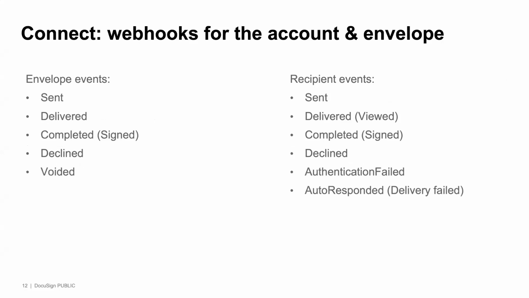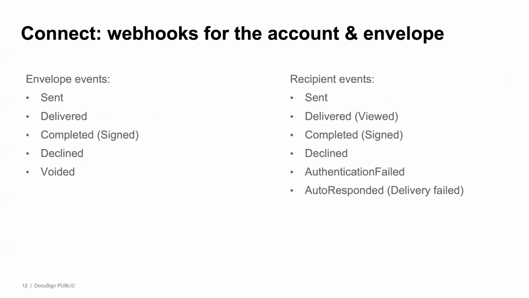And then in both cases, what can you ask about? Well, you can ask about events at either the envelope level or the recipient level, or both, and Joey's going to have more info on this. In other words, when you subscribe to a webhook, you can say that you're interested in more than one event.